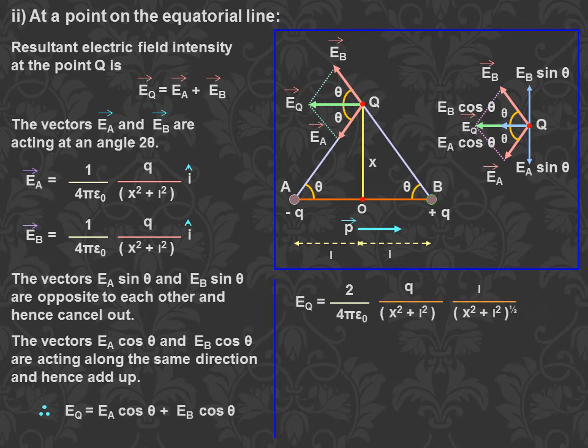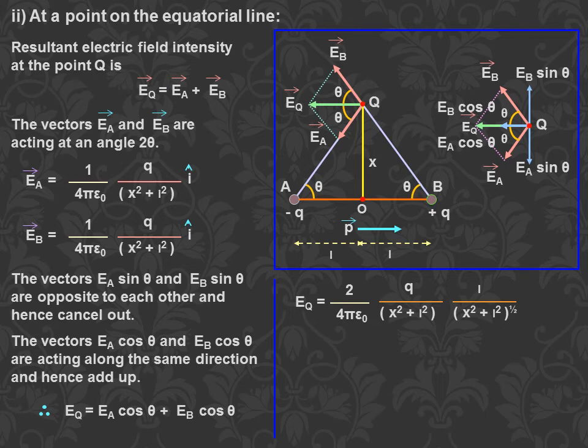Therefore, we have the equations for the electric field intensity due to the charges at points A and B. The values of EA and EB can be used in this equation, and we get the result EQ equals 2 upon 4 pi epsilon naught, q upon x square plus L square.